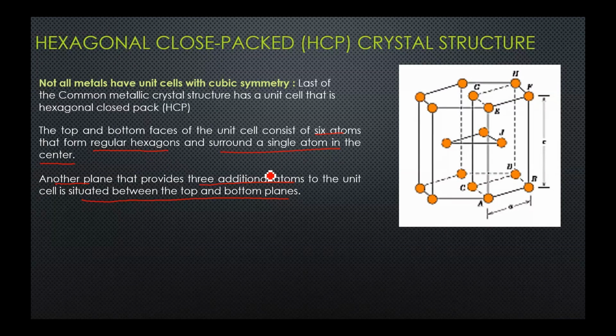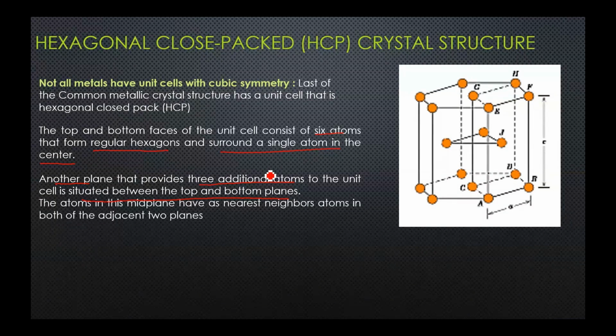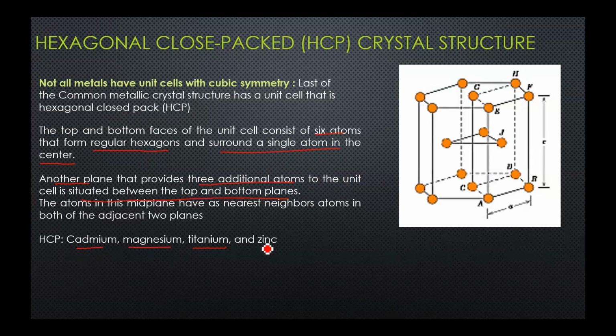The metals that follow this crystal structure are basically cadmium, magnesium, titanium, zinc. They are the metallic elements, or the materials, that follow this hexagonal close packed crystal structure.